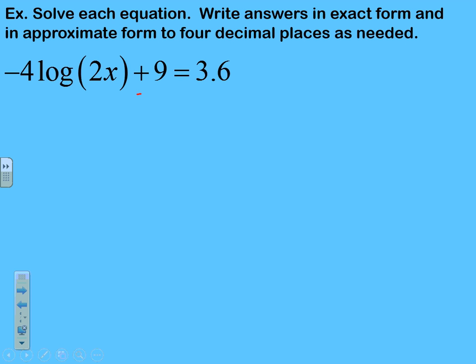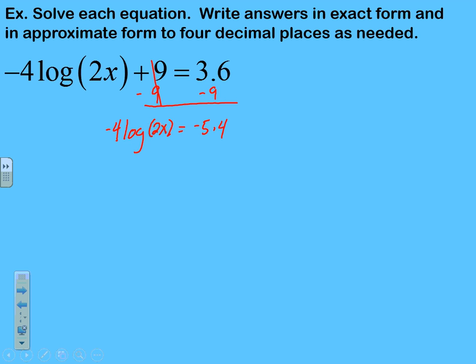Since addition and subtraction is usually the last thing according to PEMDAS, when we're solving an equation, that's the first thing that we get rid of or work out. So here the 9's cancel each other out, and I would be left with -4 log of 2x is equal to 3.6 minus 9, which will be -5.4.